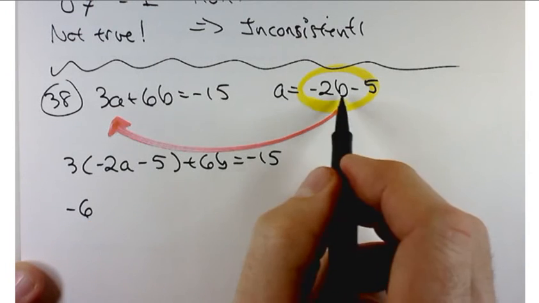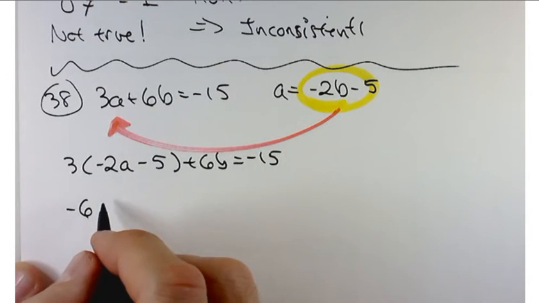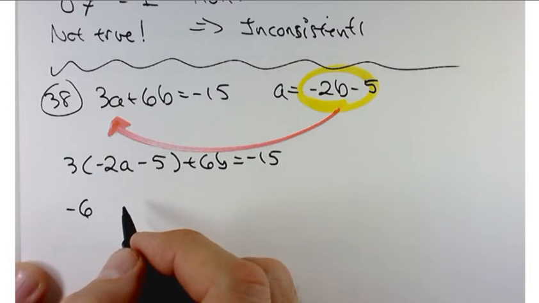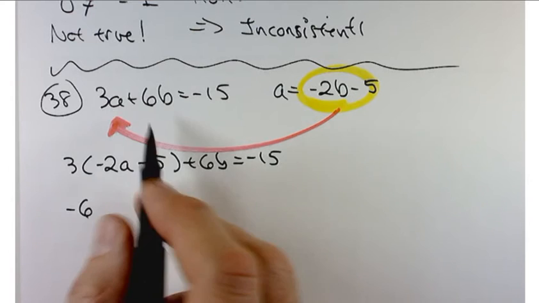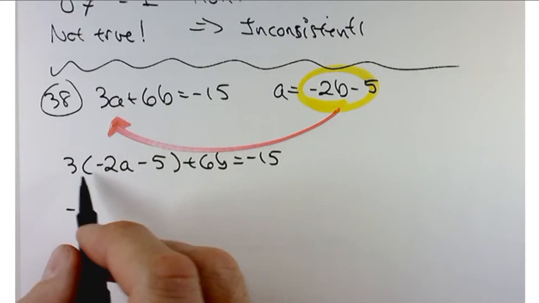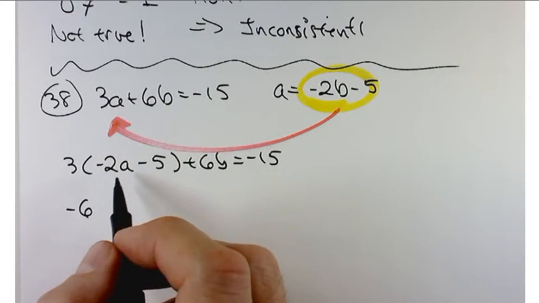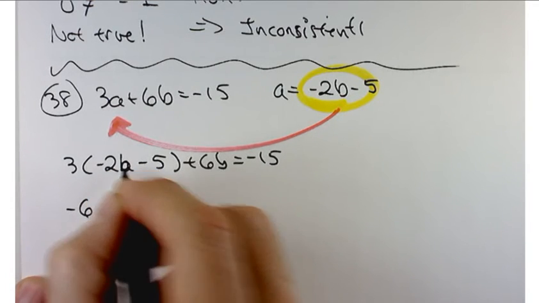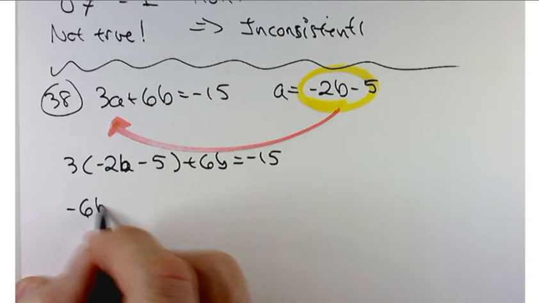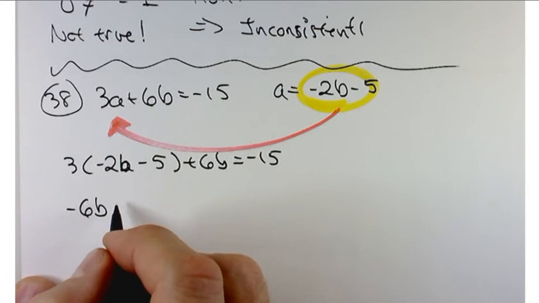It's 2b. Right here. Negative 2b. Oh, okay. Thank you. So negative 6b. That'll make a big difference.